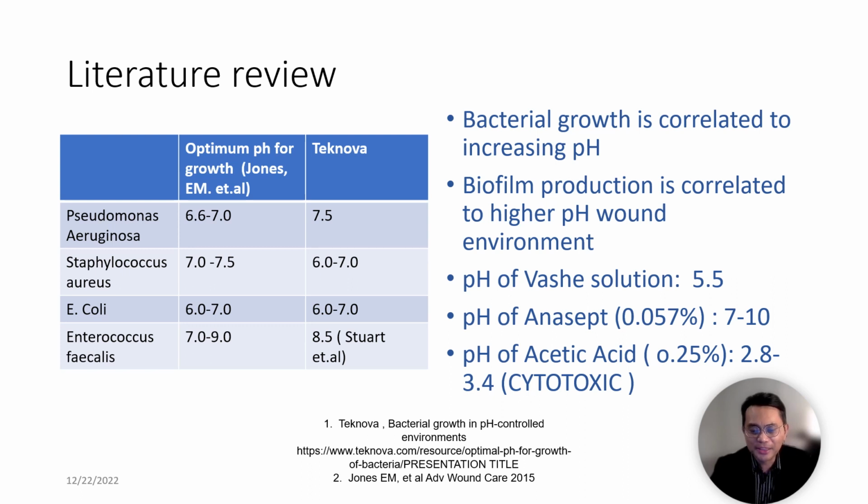But my problem and my issue is that look at this pH: it's 7 to 10. That is probably the reason why I had some patients in the past, especially those with chronic wounds presenting as a complication of lymphedema, who I had been using Anasept on and who kept getting infected. So I could make an assumption.